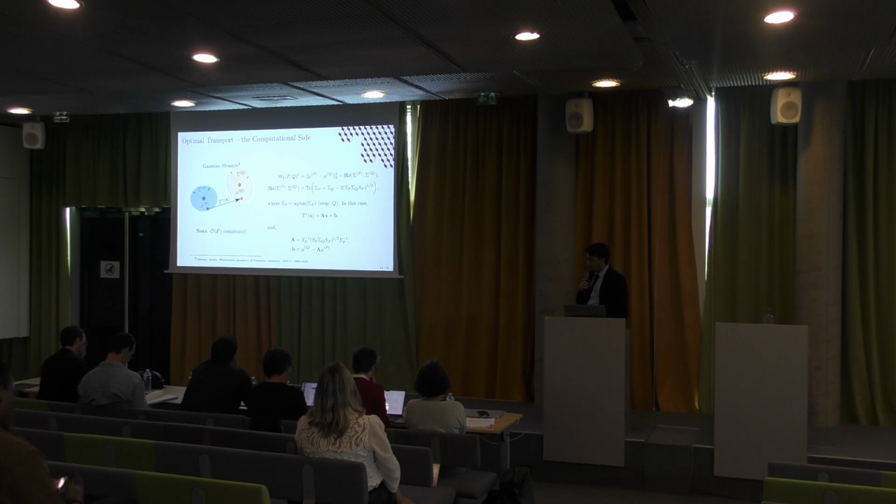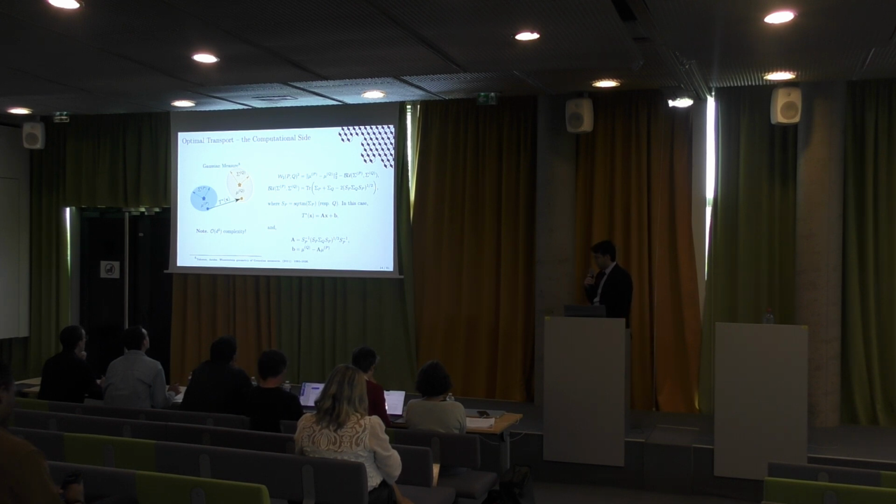Now, if you assume that your data is Gaussian, a funny thing happens. Optimal transport has a closed form solution. In this case, it takes the form of the difference between the means plus a term accounting for the distance between the covariance matrices. The idea is that you can estimate from your samples the parameters of these Gaussians, and then you can compute the distances.